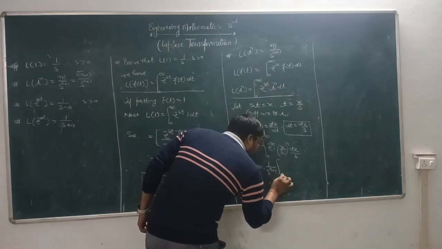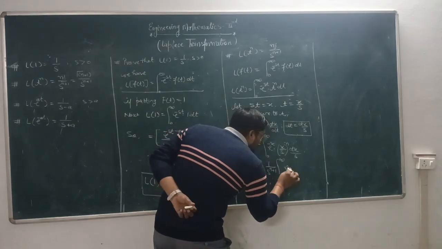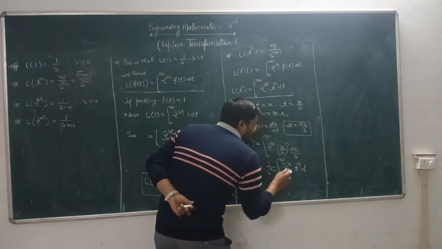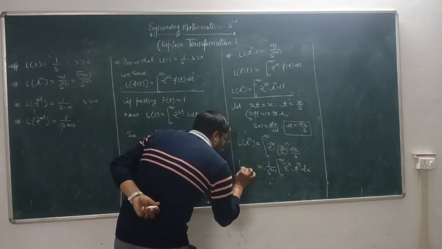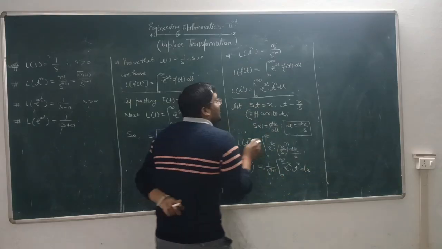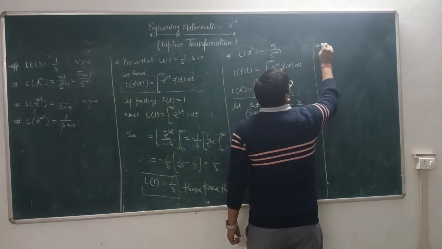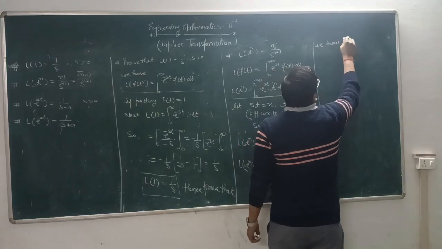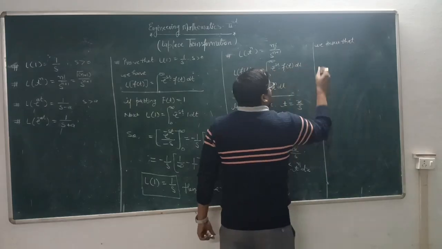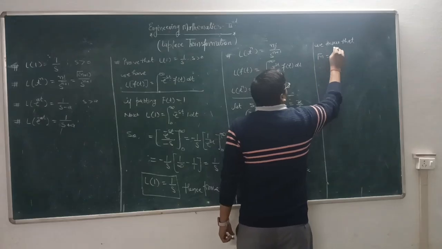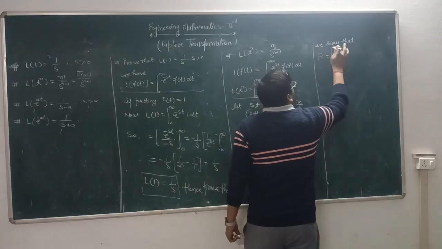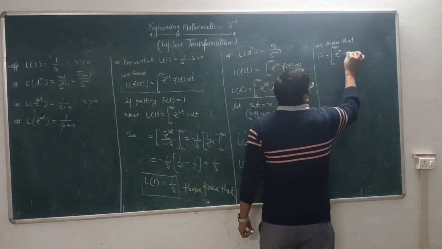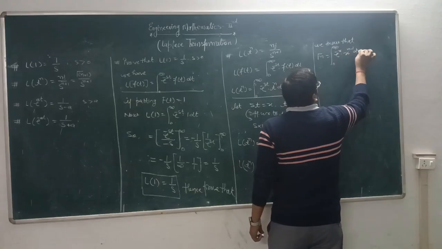Now the integral from 0 to infinity of e^(-x) x^n dx is denoted by L{t^n}. We know that gamma(n) is equal to the integral from 0 to infinity of e^(-x) x^(n-1) dx.